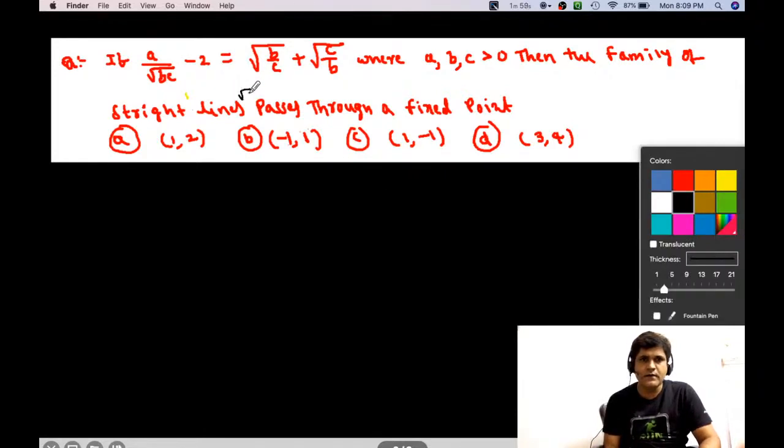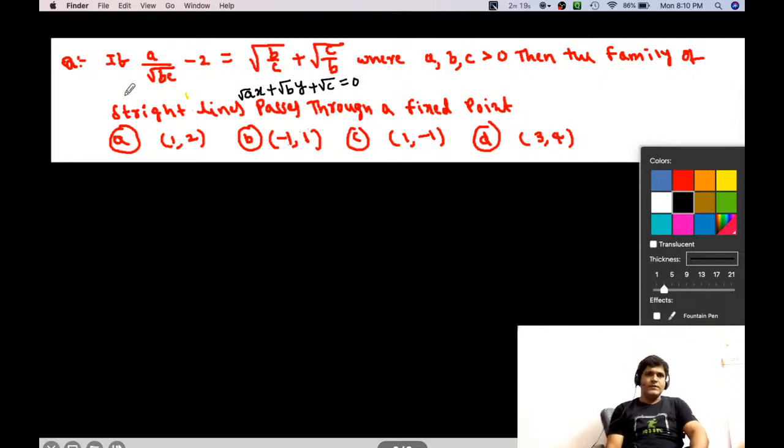You add here root a x plus root b y plus root c is equal to 0. We add this equation to the question. Now the question is complete.